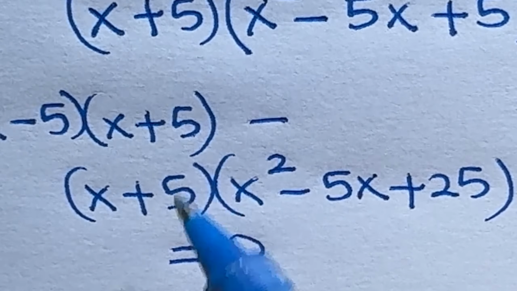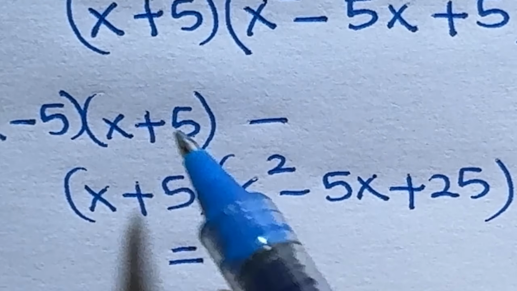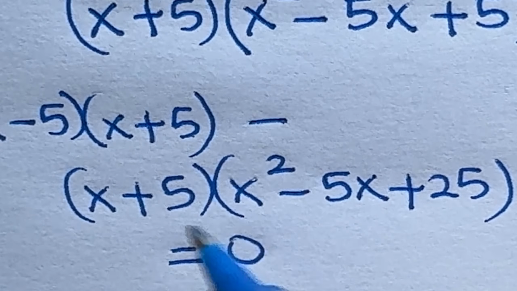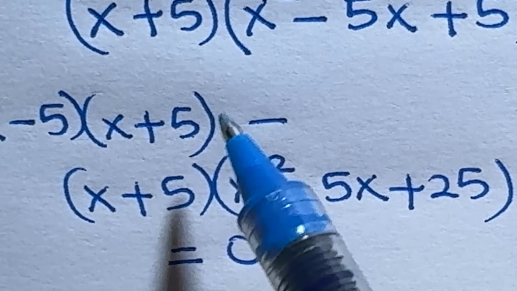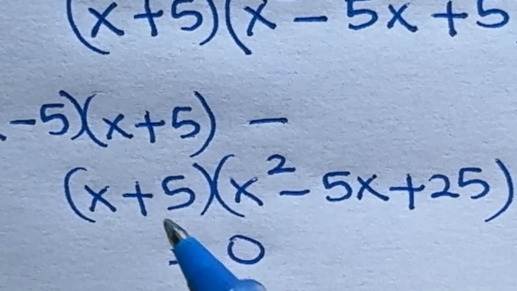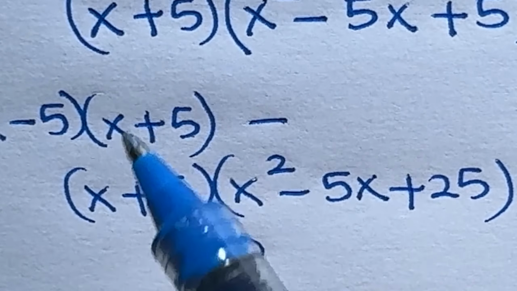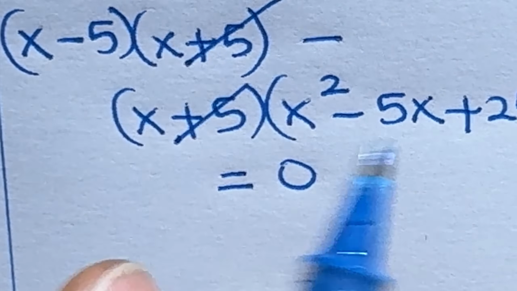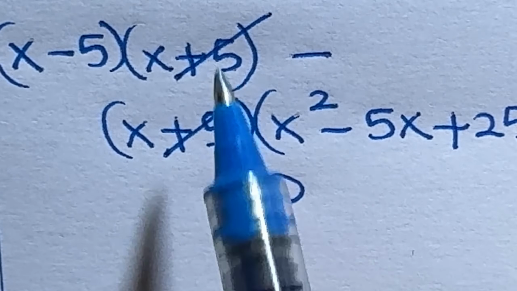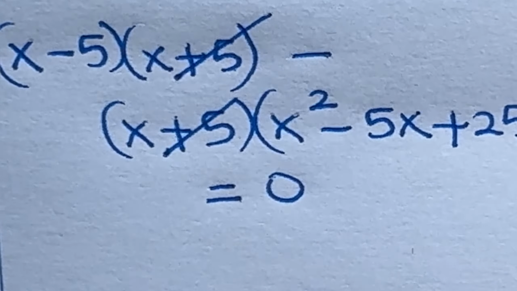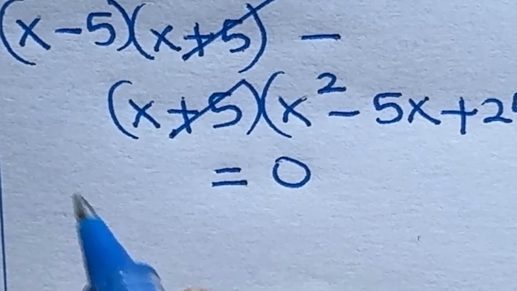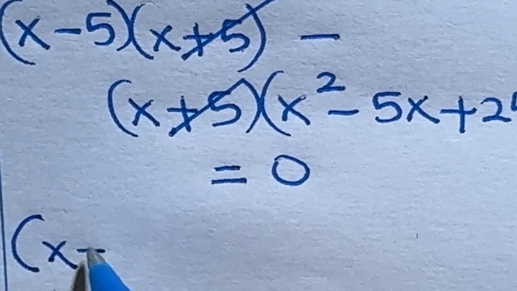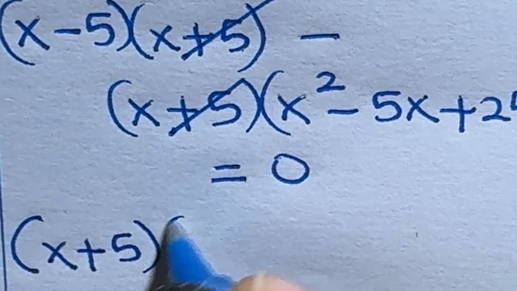The reason I've written this under this is because I want us to see that there's a common term in the first term and the second term. So in this product, x plus 5 is common to this product, x plus 5. So bringing these two together, I didn't cancel them out, I'm just highlighting it so you see that we have common terms. So I'm going to write x plus 5 into brackets.